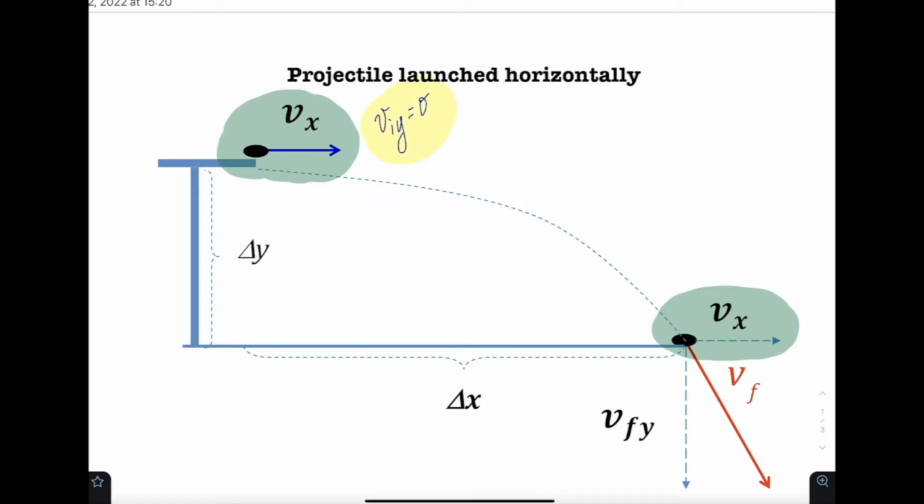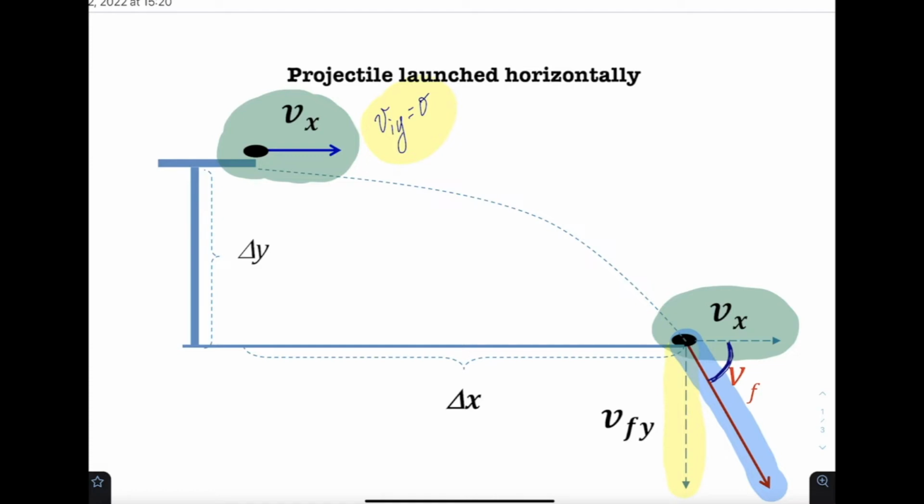It has also acquired a certain amount of velocity in the downward direction. And then the total velocity, which you see here marked as Vf, will have a certain angle below the horizontal. Now, finding the final velocity and the angle below the horizontal will be only for the honors students.